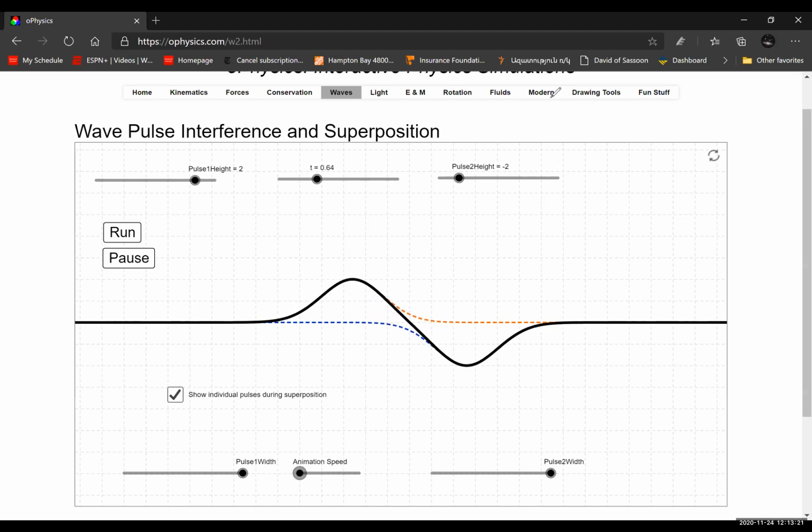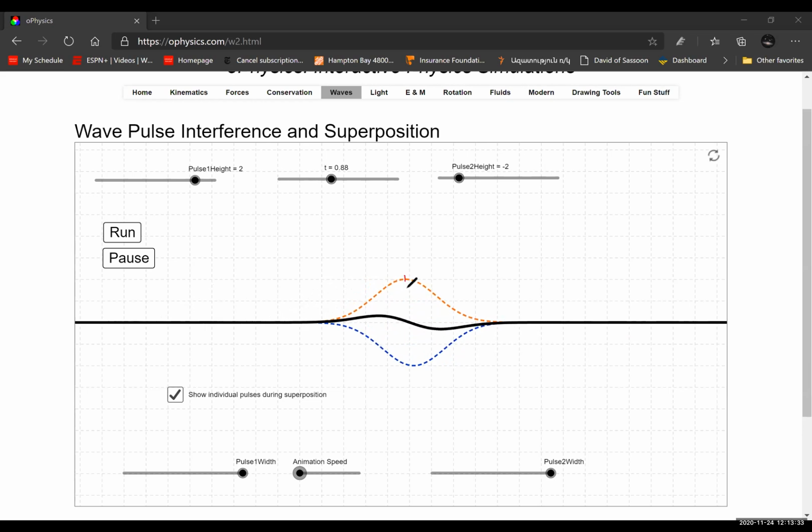You have orange and blue for the individual waves, and then the black is their superposition. When they overlap, the crest of one ends up with the trough of the other one, and you see what happens? There was basically no wave generated.